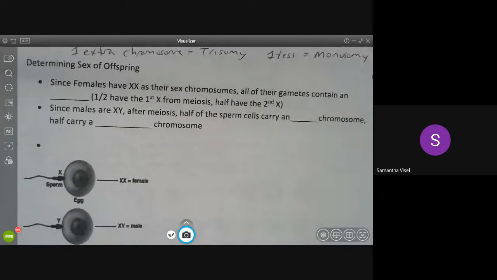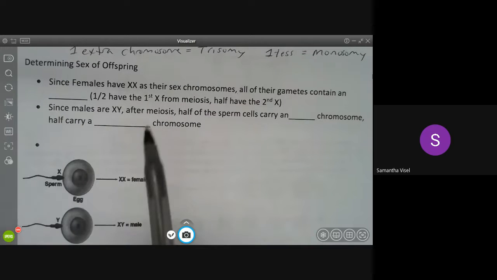Now, as we move on, we look at inheritance by males and females due to their sex chromosomes. It's kind of important to understand what's going on there, to understand how sex is determined during reproduction. So meiosis helps to create those gametes, and we talked about how we have sperm that are found in males and eggs that are found in females.